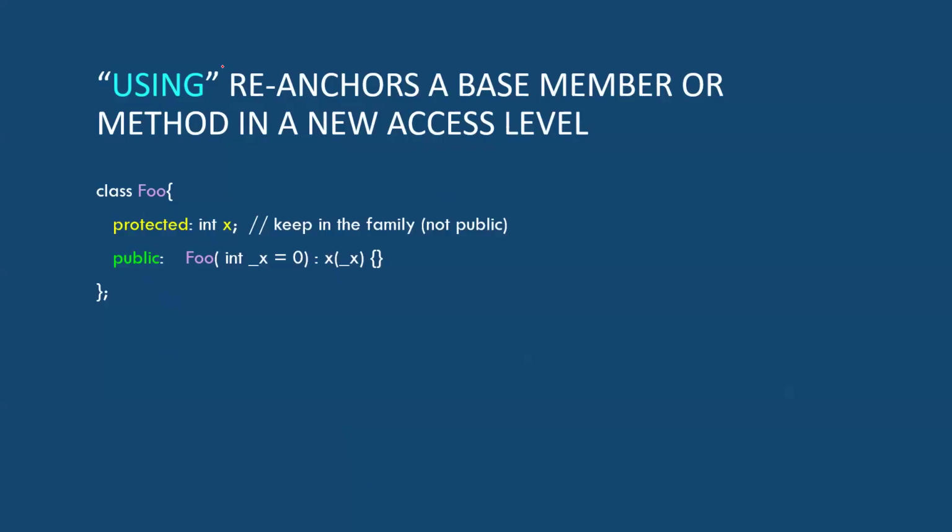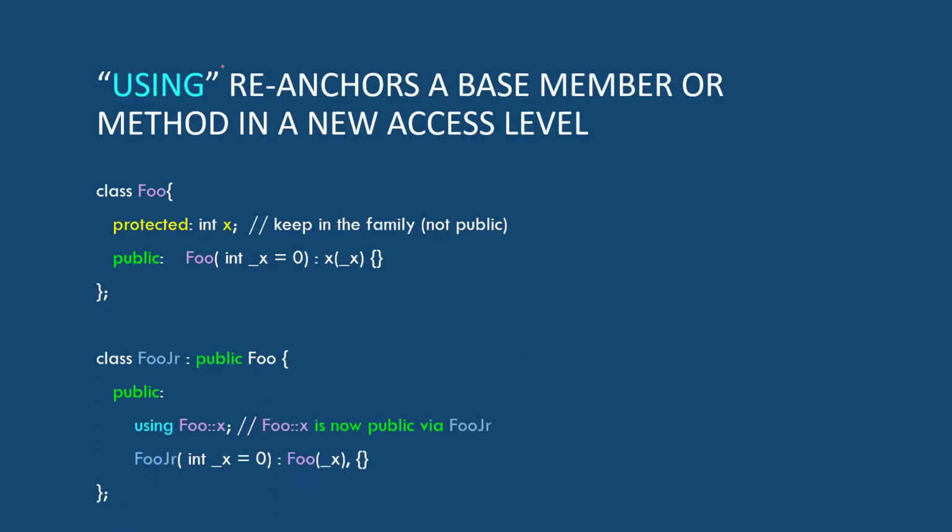So here's an example of that. Here's our foo class with a protected X. And so notice that in the public area of foo junior over here, so foo junior is inheriting from foo, I'm saying I'm using the base class X in my public area. So I've rewired that X. I didn't add an int or anything here.